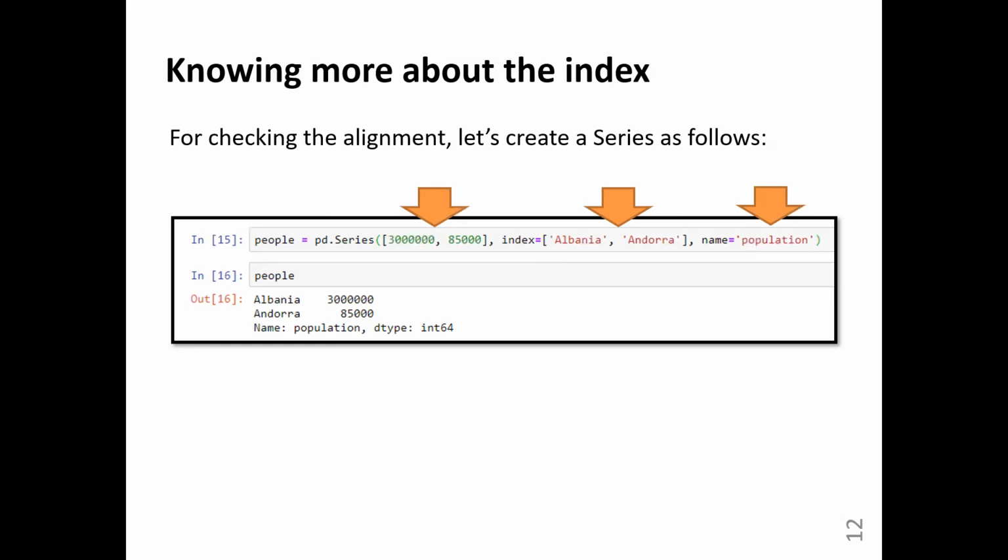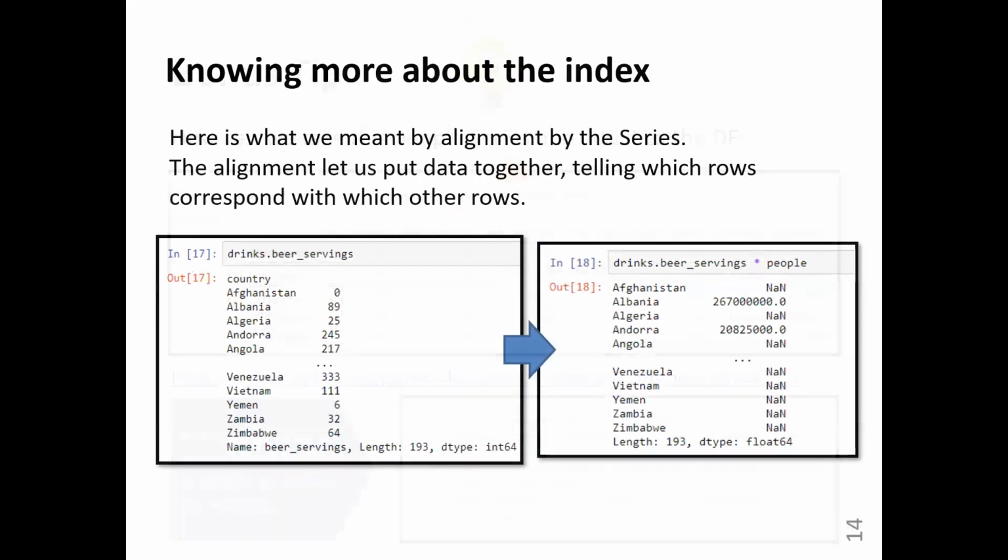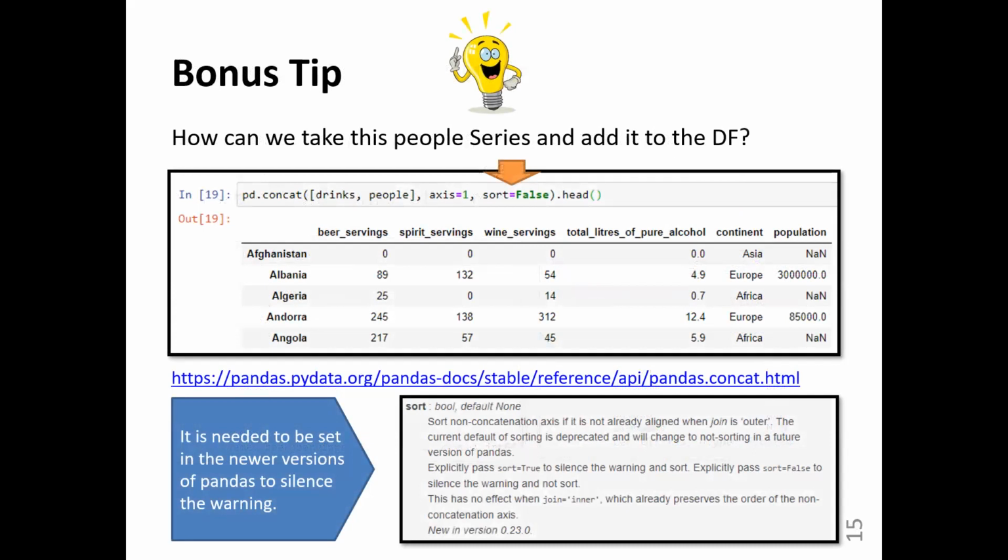But the name of that series, meaning the column name, is inside name. That's a good question. Negin asks, where is the people in here? Why don't we have it? The reality is, this is the name of a series that we set name equal to. But the variable that held our data frame was drinks, and the variable that held this series was people.